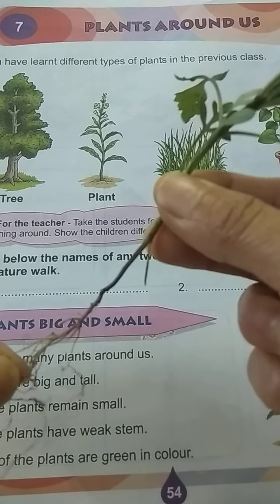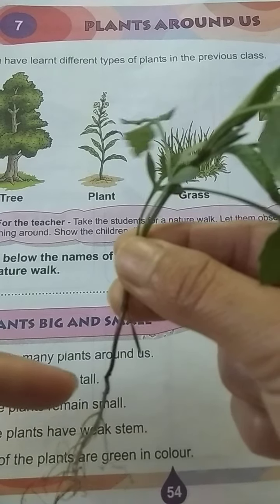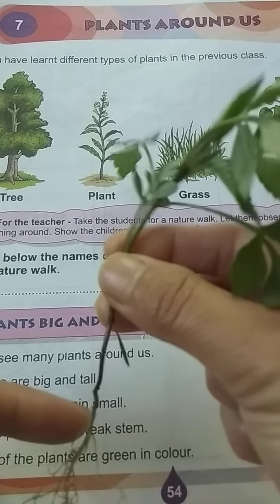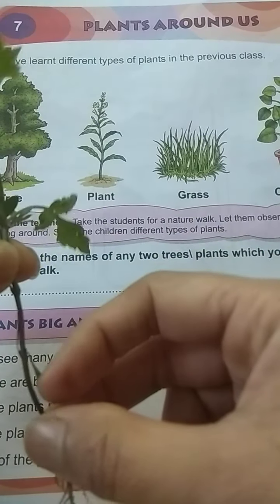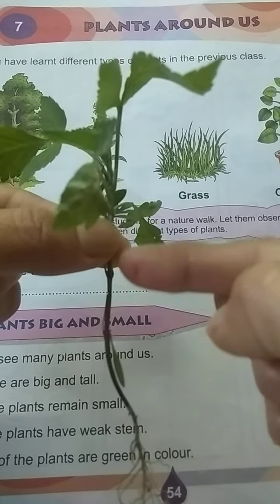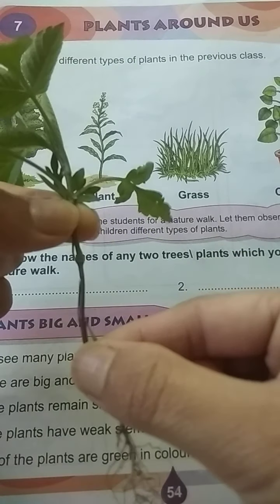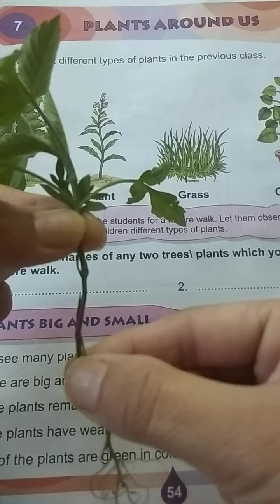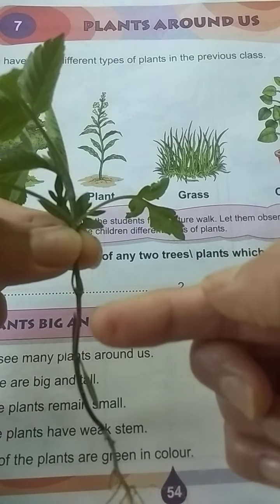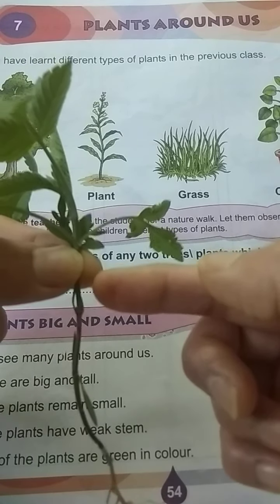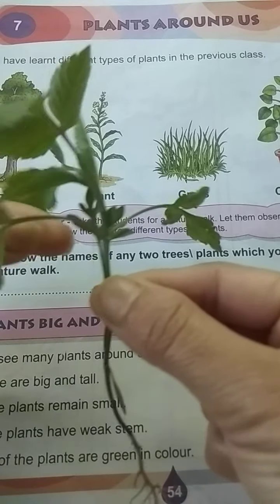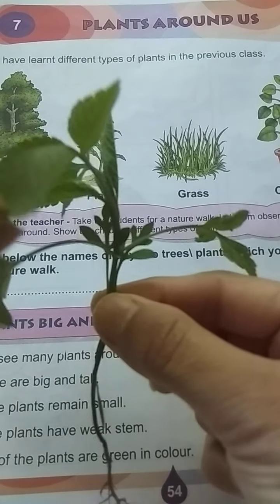In some plants, it's above the ground, but we will talk about them later on. Another one, above the ground is your green color stem, or in case of tree, it is a trunk which is brown in color. Then we have the leaves.